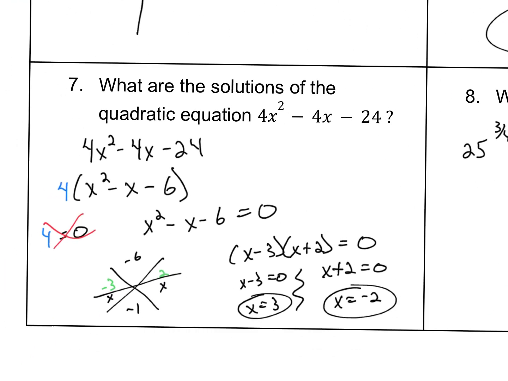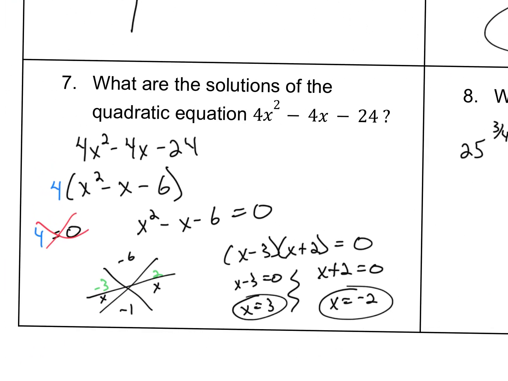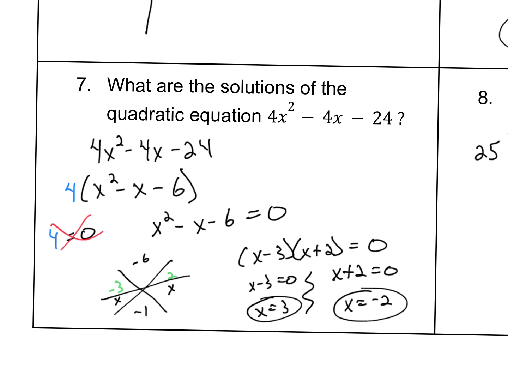All right, number 7, what are the solutions of the quadratic equation 4x squared minus 4x minus 24? Basically we're going to solve this like an equation. We're going to set it equal to 0, but the first thing I noticed is that each term of this quadratic is divisible by 4.